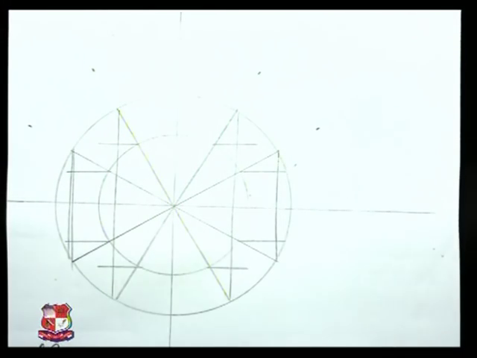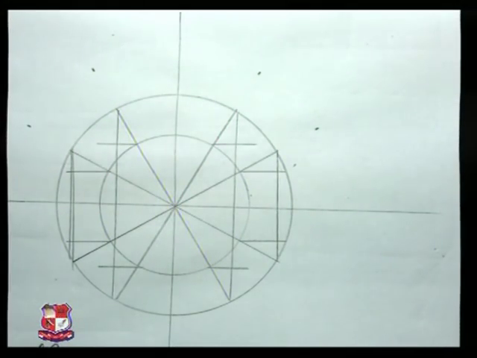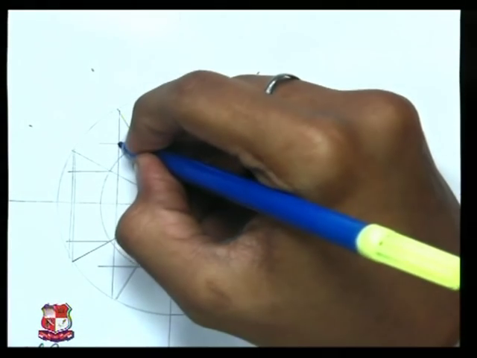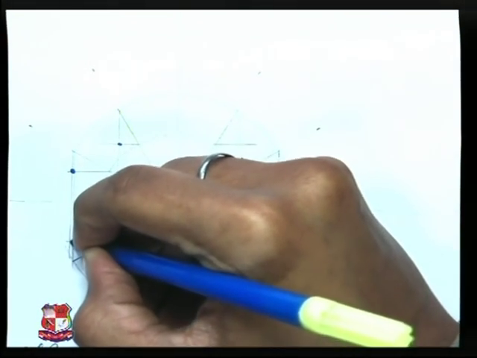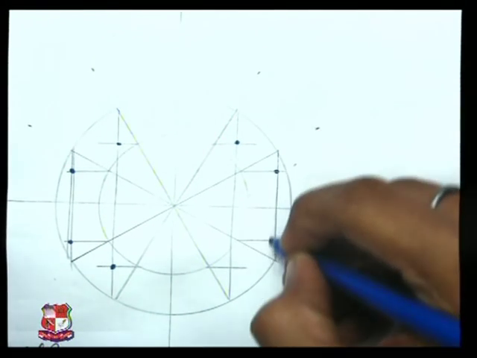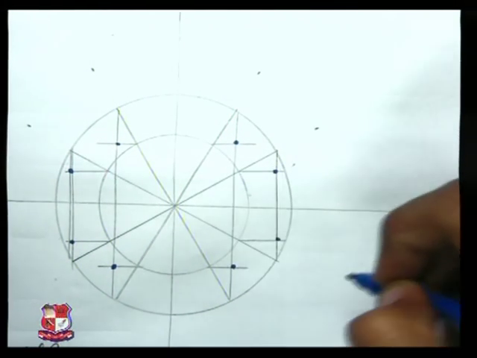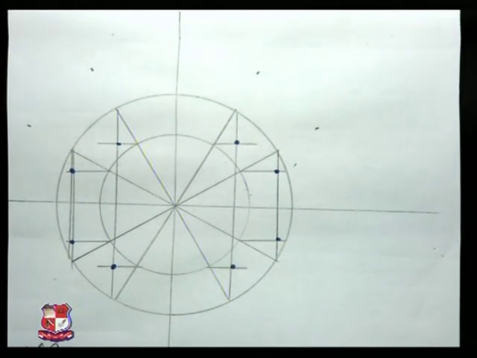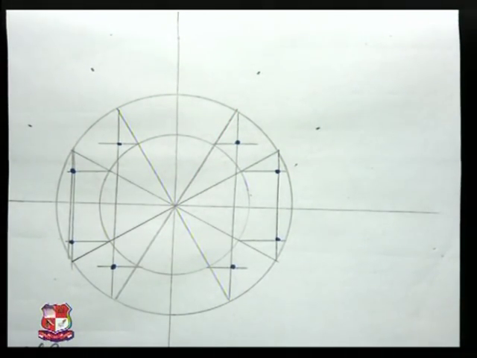It would be intersecting with these vertical lines of the major axis like this.